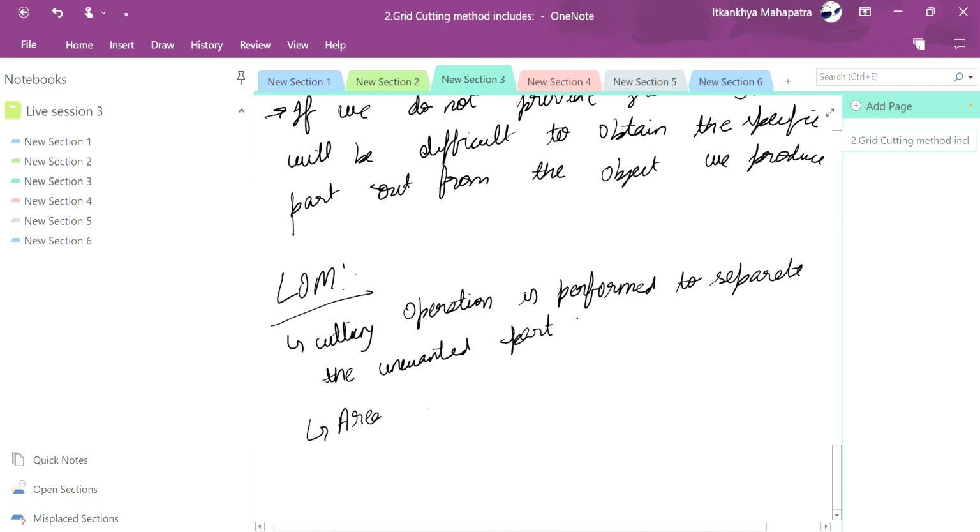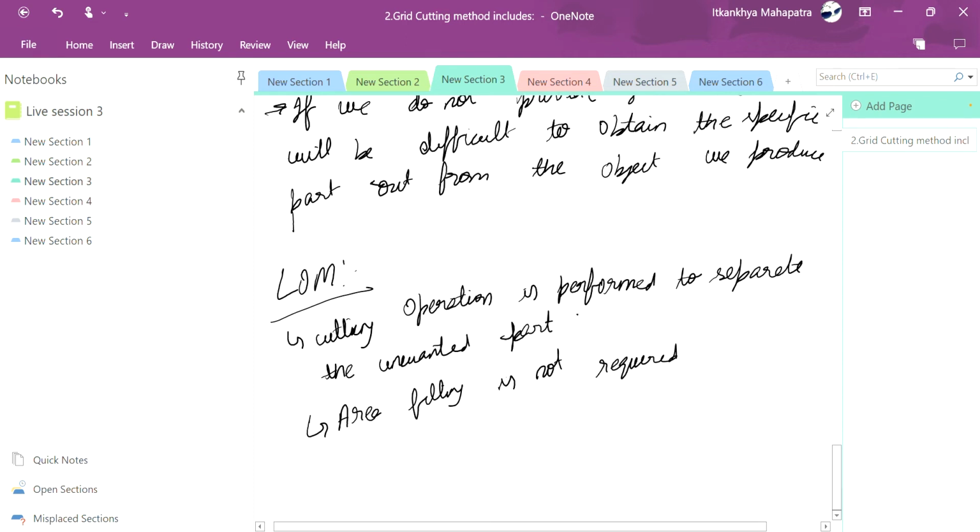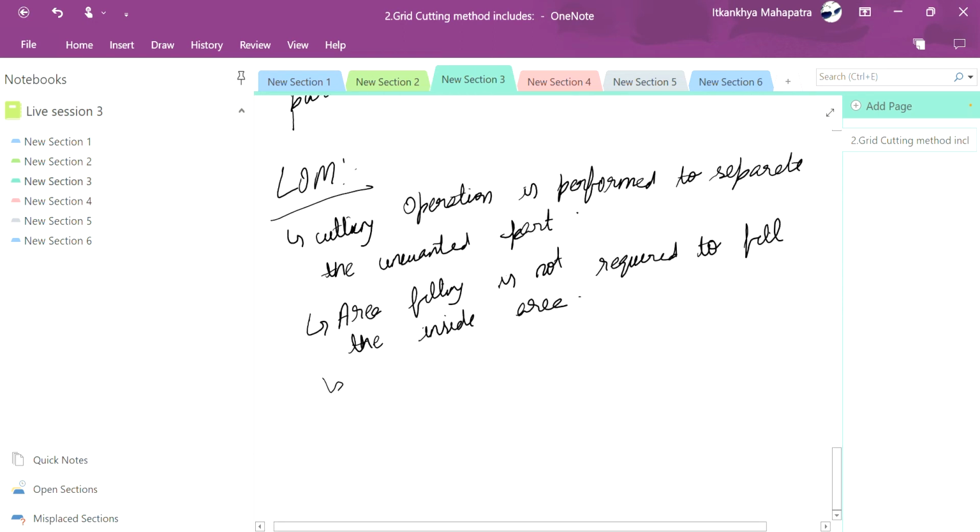Area filling is not required to fill the inside area, however it is required to remove the unnecessary material.